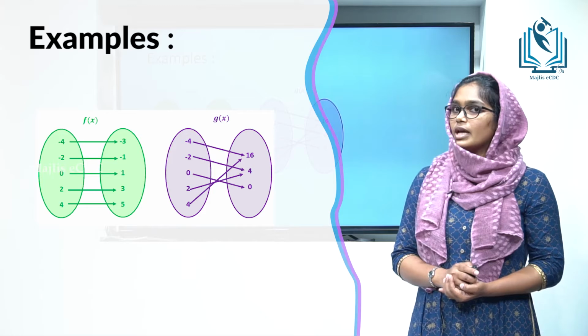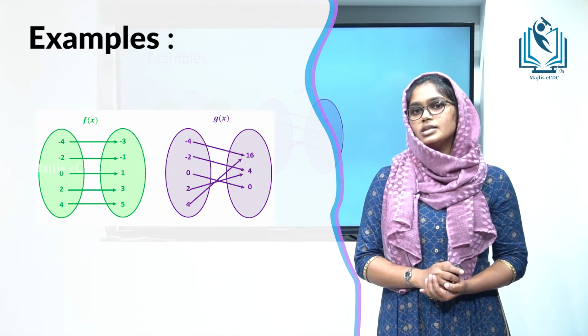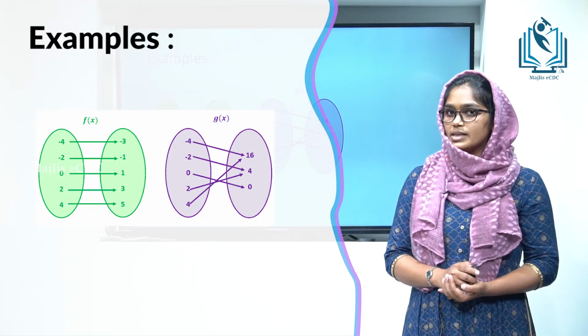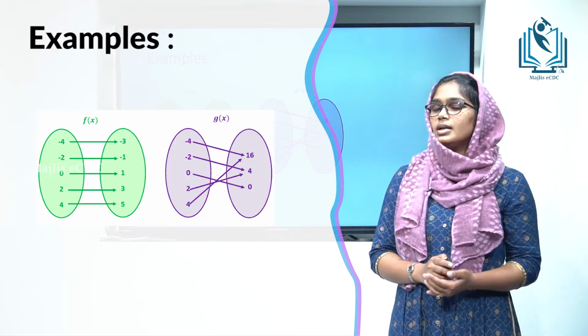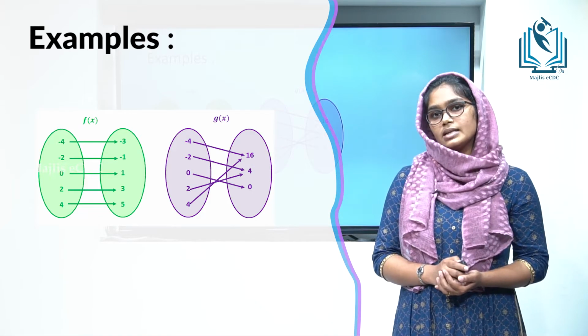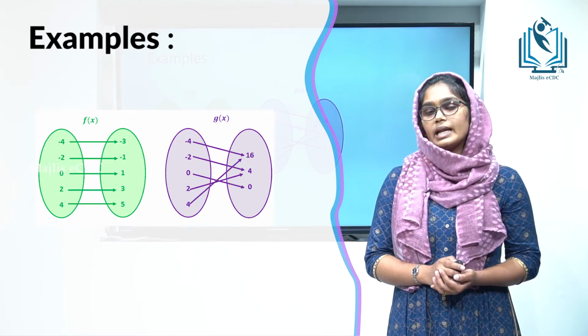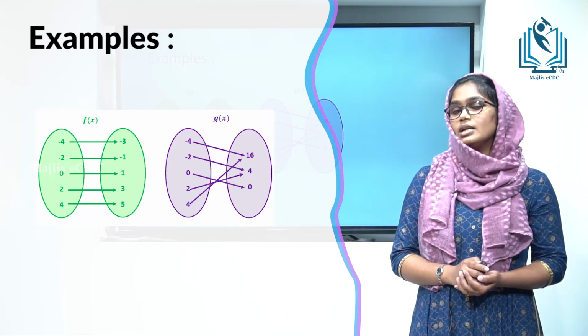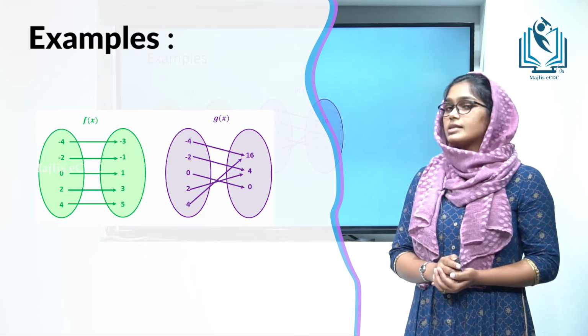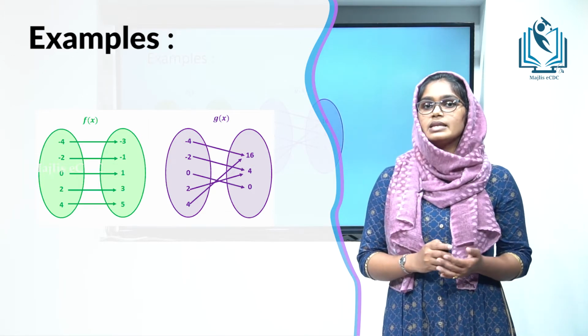So, here every element of A has a unique image. So, clearly g of x is a function. Now, here the domain of g of x is -4, -2, 0, 2 and 4 and the range is the set 16, 4 and 0.